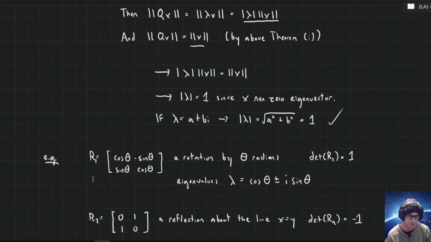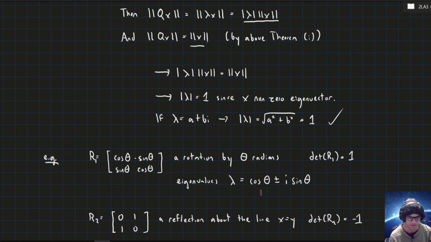So here's the example from the assignment. It rotates by theta many radians. And as you showed on the assignment, the determinant of this guy is equal to 1.